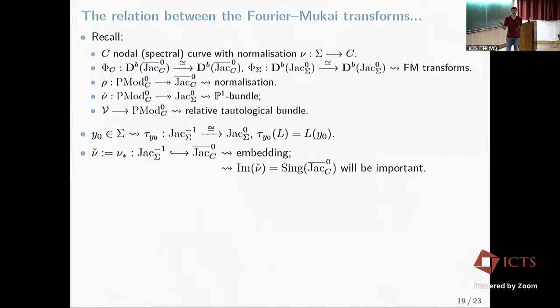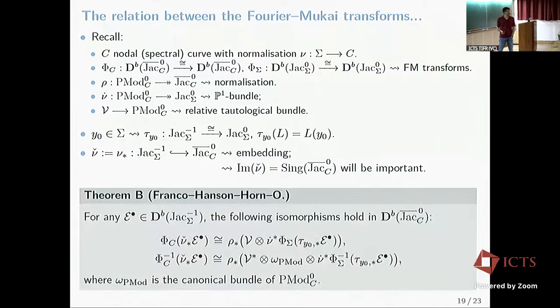It's going to be really something in the singular part of the compactified Jacobian, okay? So this gives you an embedding of this Jacobian of degree -1 line bundles on sigma into the compactified Jacobian. And so the image is going to be the singular part of the compactified Jacobian, and this is going to be important now.